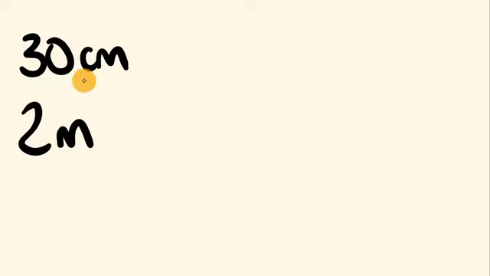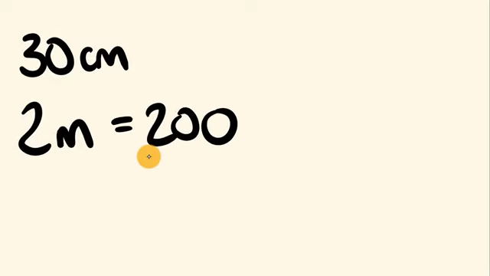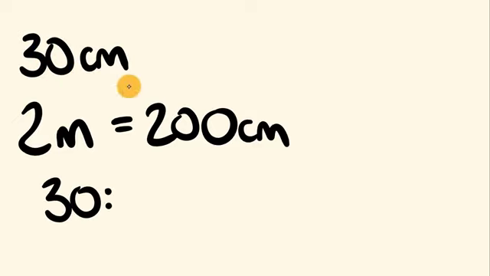So what you have to do here is very simply make it so you are using the same units. So 30 centimeters I'm going to keep the same, but 2 meters I'm going to convert across to centimeters. There's 100 centimeters in a meter, so this is equal to 200 centimeters. Now I can write this ratio pretty easily. We have a 30 is to 200 ratio here.